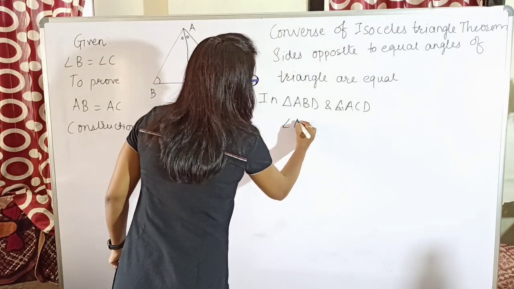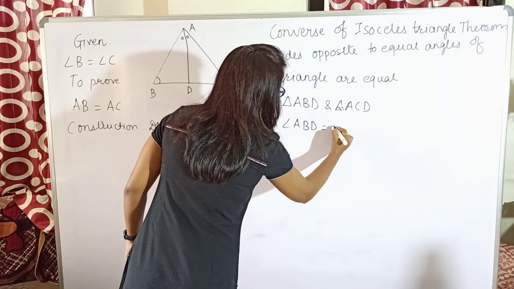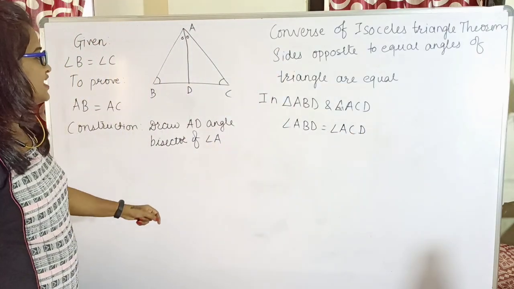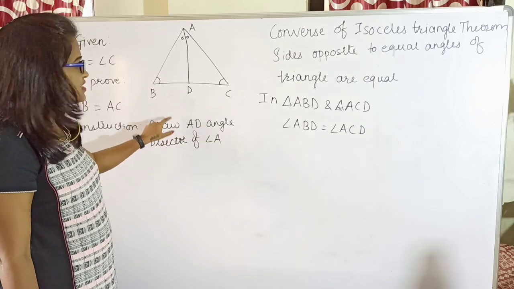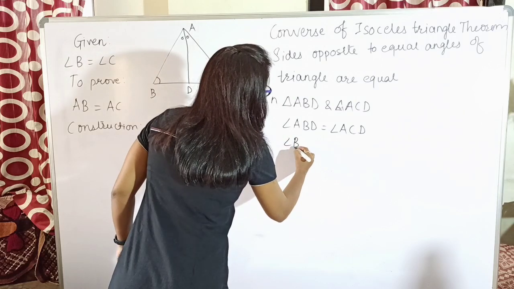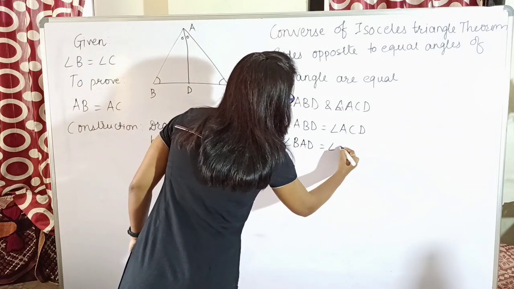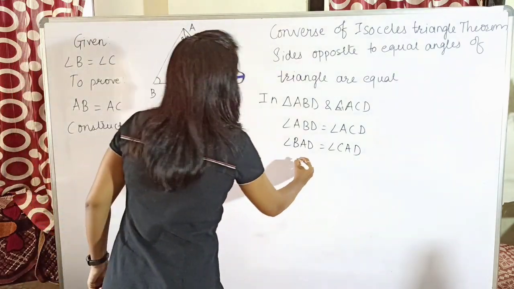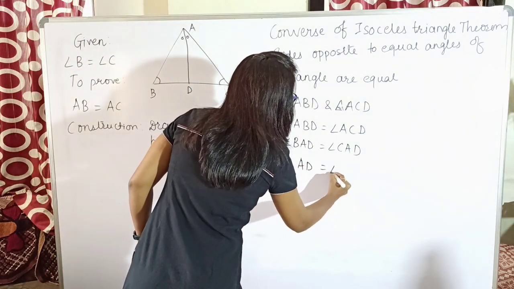So angle ABD is equal to angle ACD. Yes. Next one, I have drawn an angle bisector, which means BAD is equal to CAD. So angle BAD is equal to angle CAD. There is also one common side, that is AD equal to AD.